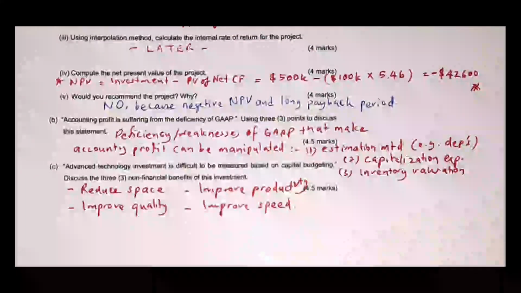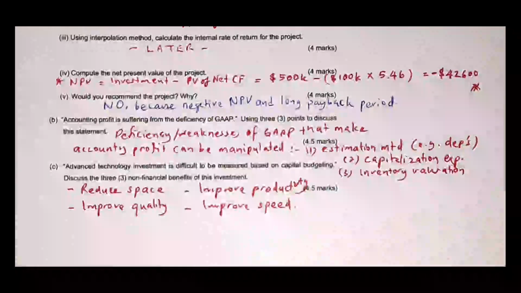So question C asks you specifically about investment in advanced technology. So you have to understand that. In topic 6, we have had a long discussion, a long explanation, about the nature of investment in advanced technology. The investment in advanced technology is very important to ensure the survival of a business.